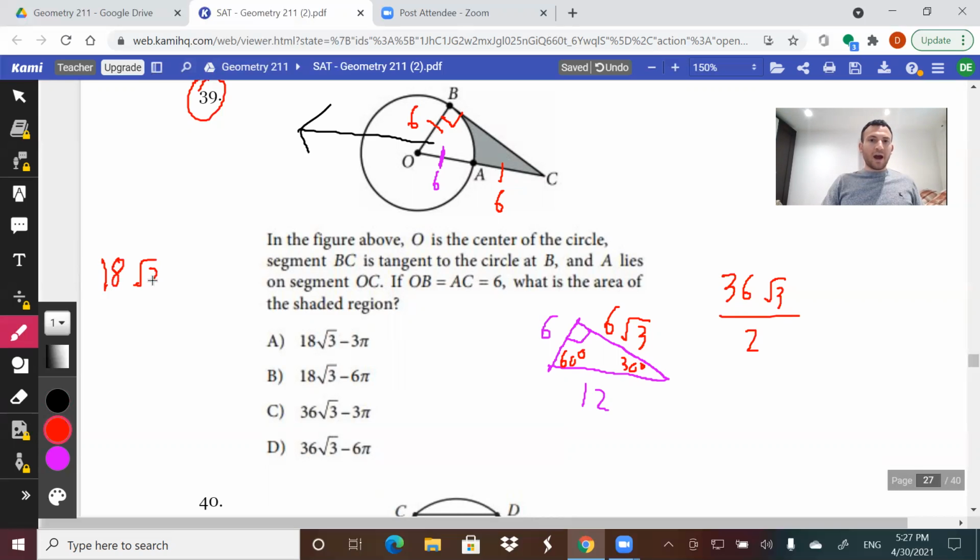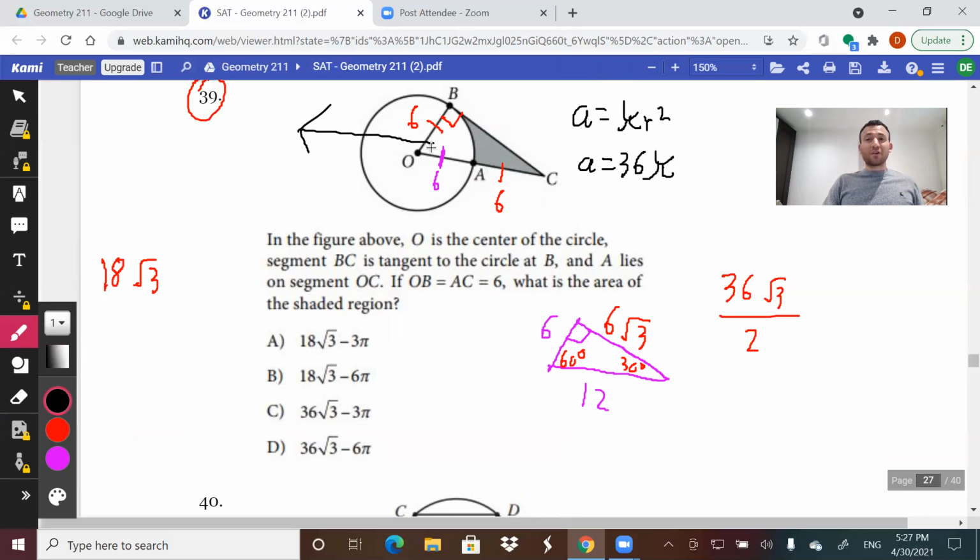What we want to subtract is this sliver. We want to take this sliver out. So here's what we do know. Because we know this is a 30, 60, 90, oh my God, that makes our life so much easier, because we know the area of the circle is pi r squared. Well, we know our r is 6, so the area of the circle is going to be 36 pi.